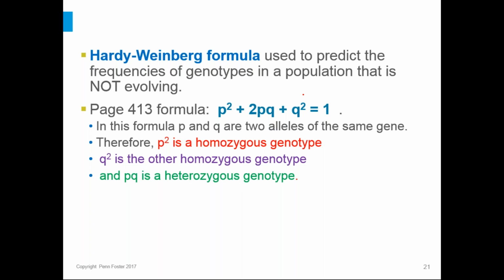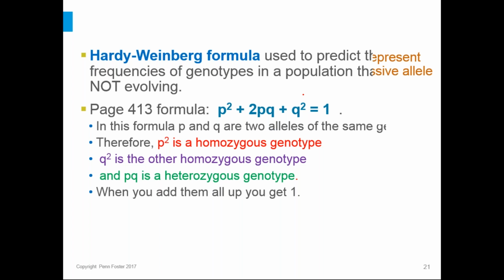And heterozygous is going to be green, and the other homozygous is going to be purple. When you add all of these up, so you add up the percentage that is homozygous dominant and homozygous recessive and heterozygous, you get 1. So your numbers always have to add up to be 1.